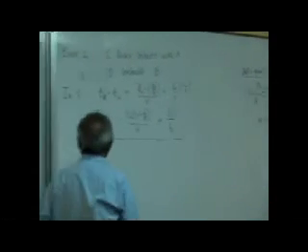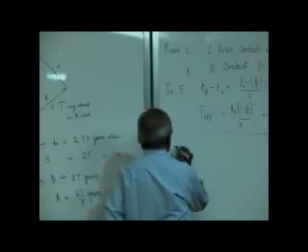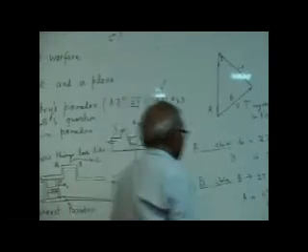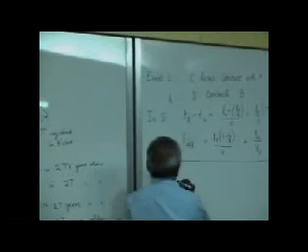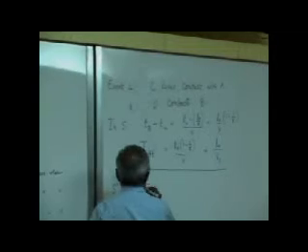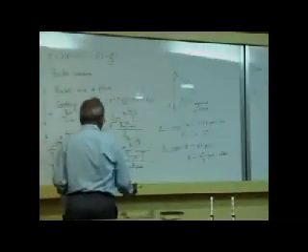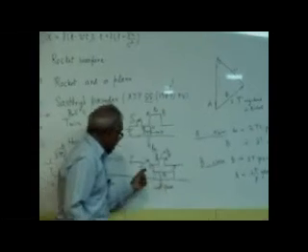Now, let's go to S prime. Firstly, let's calculate T prime R minus T prime L. So, in this frame, notice this number I am going to write down is going to be negative.